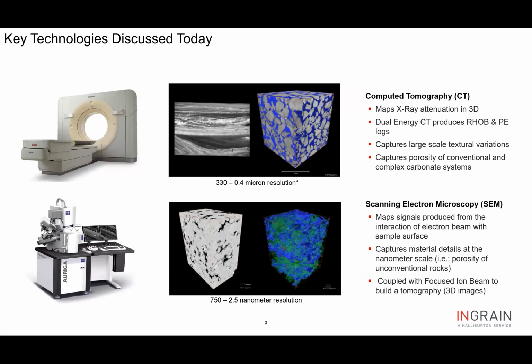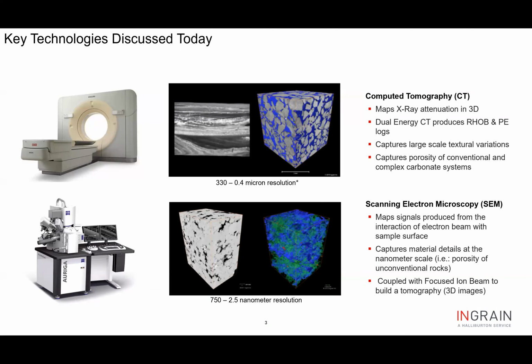We are not going to go deep into the technical nitty-gritty, like how the image is acquired, because that's not the objective of this presentation. The main objective is to understand what digital rock can give you and how we can integrate that information with the other formation evaluation methods to come up with a proper characterization of the rocks.